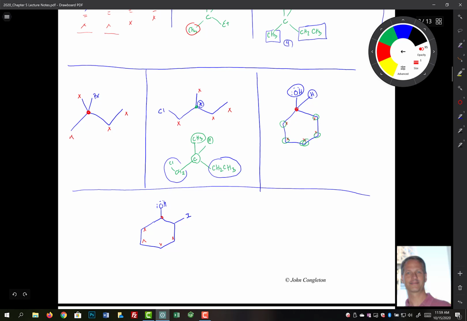But this position here is something to be concerned with. That has an H, so that's 1 group, 2 groups. And now as we go this direction, that's a CH2 right here. And now we're going to compare that to this side, which is not a CH2. So that carbon right there is a stereocenter.